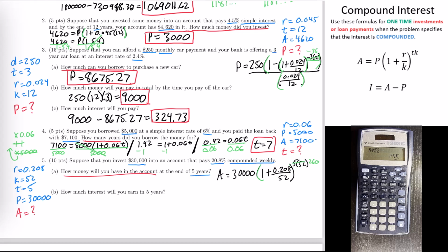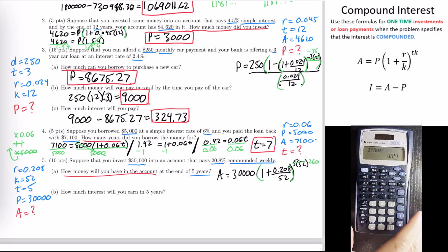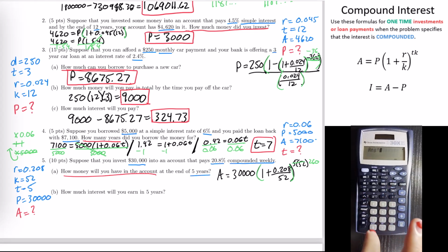Then I'm going to simplify inside of my parentheses. I'll do the division first: 0.208 divided by 52 gives me this number. Then I'm going to do 1 plus that answer, which gives me this. That simplifies all of the stuff in parentheses. Then outside of the parentheses, I have multiplication and an exponent, and exponents go first because of order of operations.